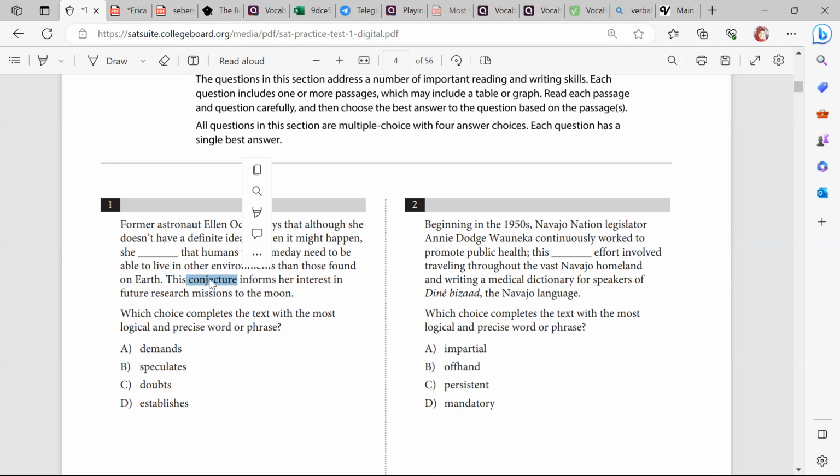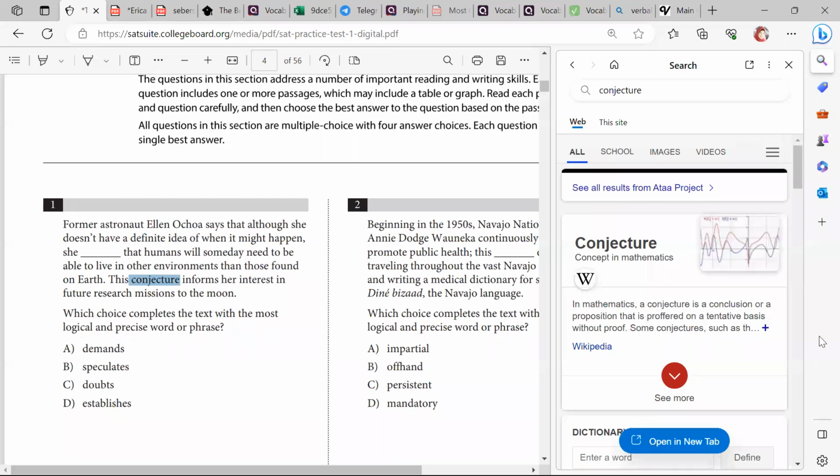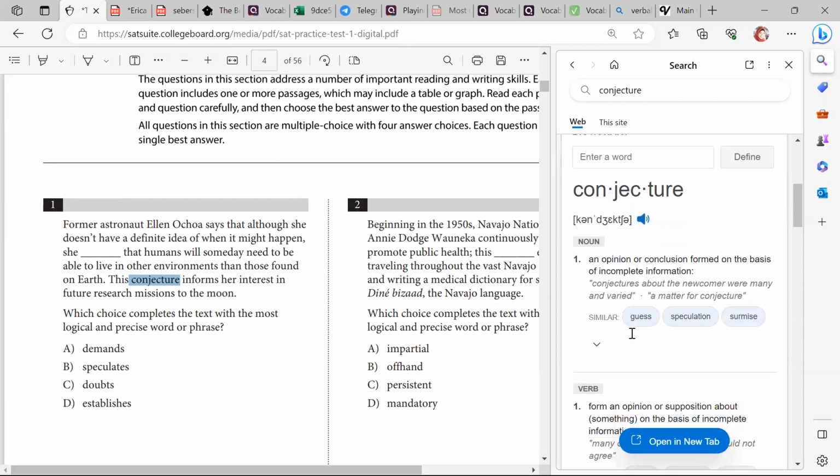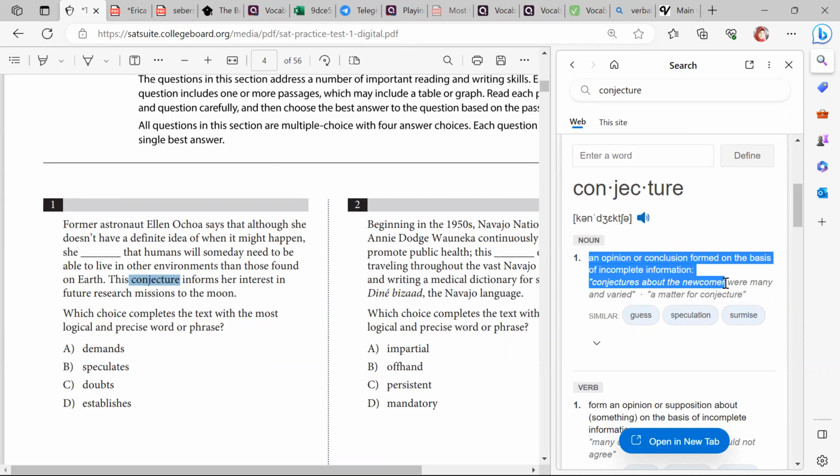So you can select the word and search for its meaning. You will find how to pronounce it, the definition, and the synonyms of this word. You can just copy all of that, or you can simply write that in your copybook.